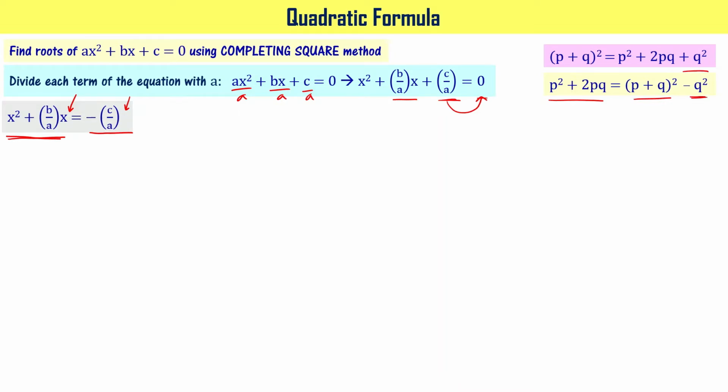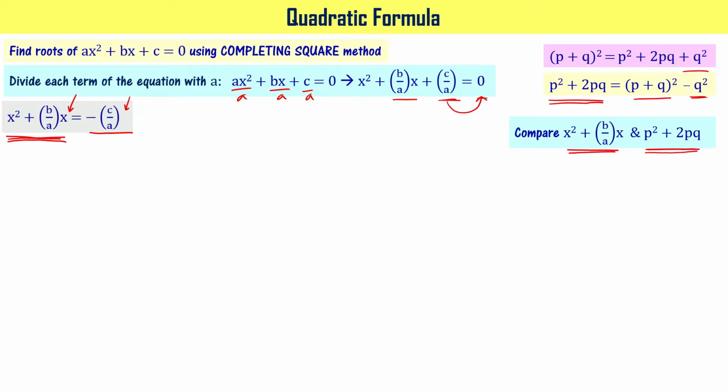Now look at this. On the left hand side, I have x square plus b by a times x, right? I want to compare that with the LHS of this particular equation, p square plus 2pq. When you compare, you want to find what p is and what q is, right? By looking at this, it becomes a bit difficult to find p and q.